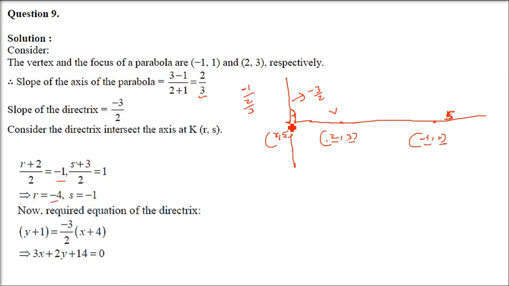So R is -4, S is -1. So this point is -4, -1. We know the slope of the line and the point it passes through. So y minus y1 equals m, which is minus 3 by 2, times x minus x1, and we have the equation of the directrix: 3x plus 2y plus 14 equals 0.